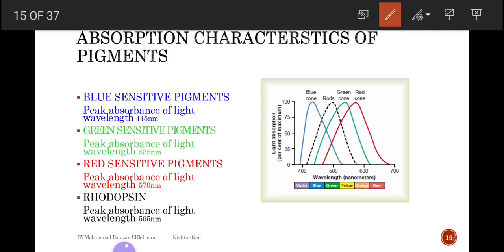First of all, there is the blue sensitive pigment, whose peak absorption of light wavelength is 445 nanometers. Likewise, for green it is about 535, and for red it is 570. For the rhodopsin in rods, that is the vision at night, the peak absorption wavelength is 505.